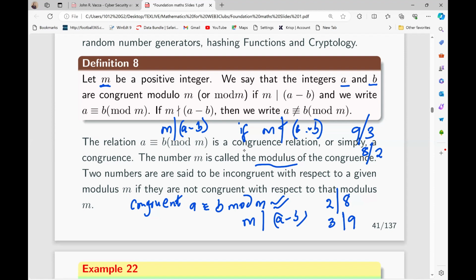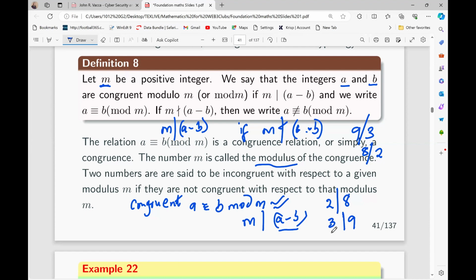Here I'm just saying 2 can divide 8 and there'll be no remainder. So we're saying that A is congruent to B mod M if M can divide the difference between these two numbers. That's what I mean by two numbers being congruent to each other.